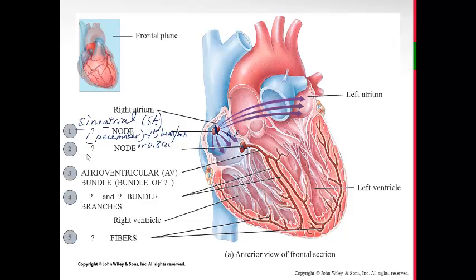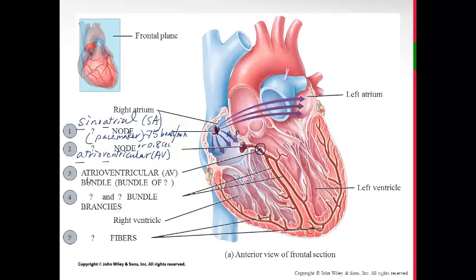Our second place is right between your atrium and your ventricle, so we call it the atrioventricular node, or AV node. Okay, so right here is the second one. So then it sends the signal to the third one. The third one is right over here before it branches off.